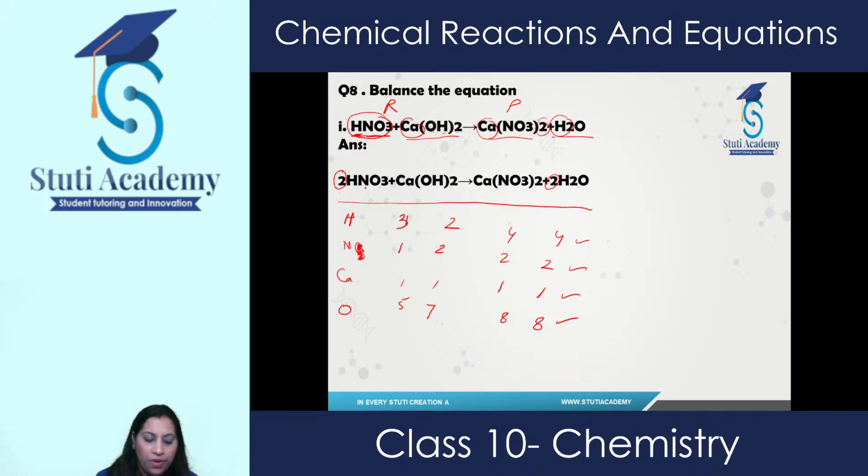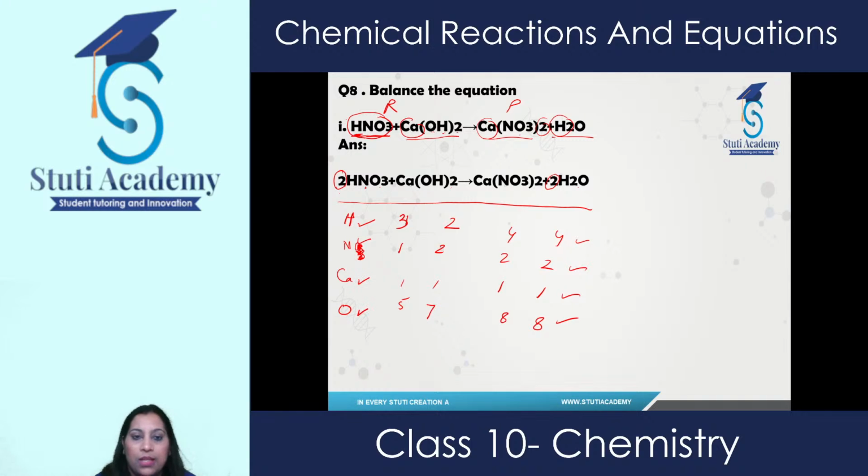So I hope this is clear to everyone. How to balance this chemical equation? Look here. So what's the first step? According to the hit and trial method, first I have written all the elements which are involved in a chemical equation: hydrogen, nitrogen, calcium and oxygen.